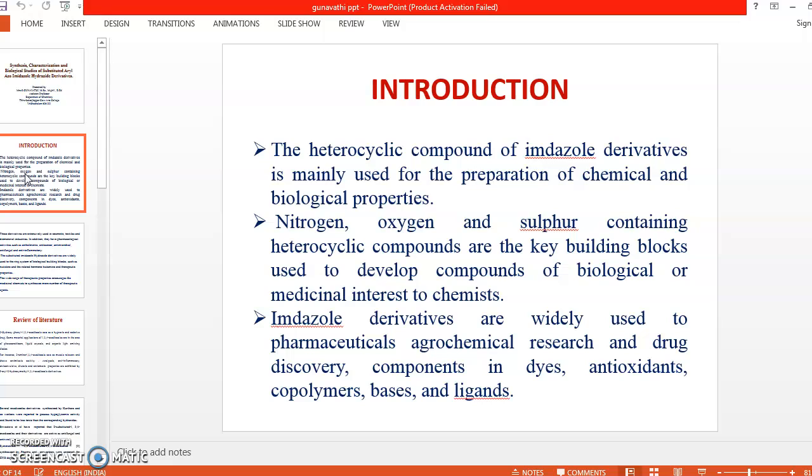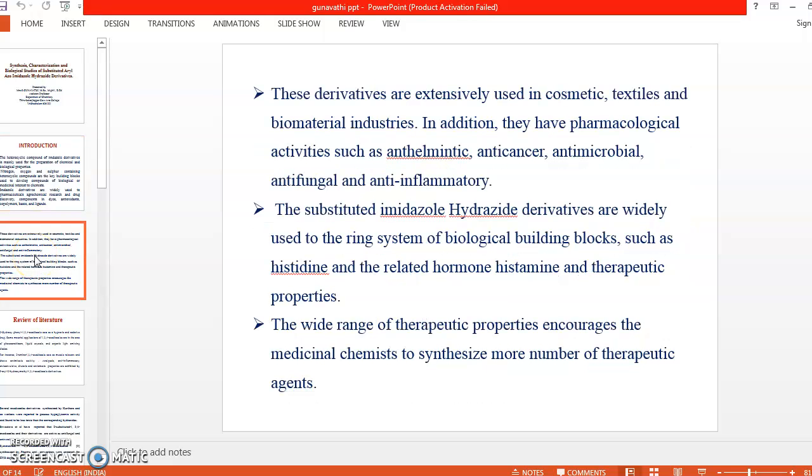Imidazole derivatives are widely used in pharmaceutical, agrochemical research and drug discovery. Components in dyes, antioxidants, copolymers, bases and ligands. These derivatives are extensively used in cosmetic, textiles and biomaterial industries.